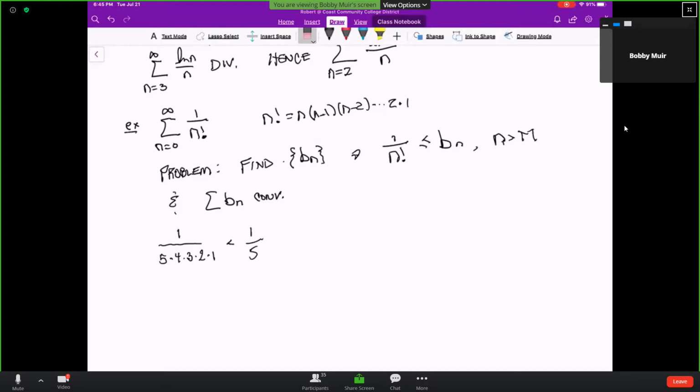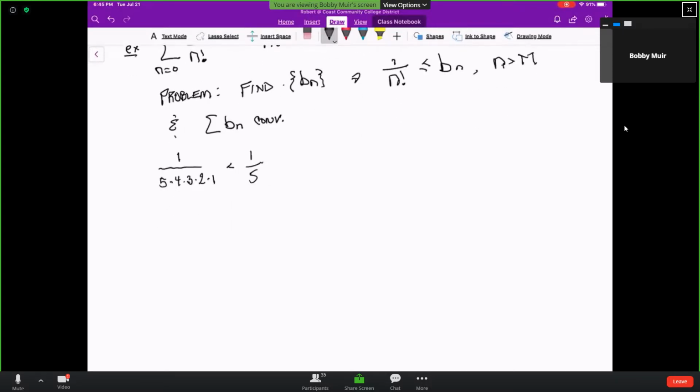But that's not going to help us, because we think this converges and we'd be getting it behind a diverging series. So that's not much help, nor is it for this one. We don't really have to get too carried away here.